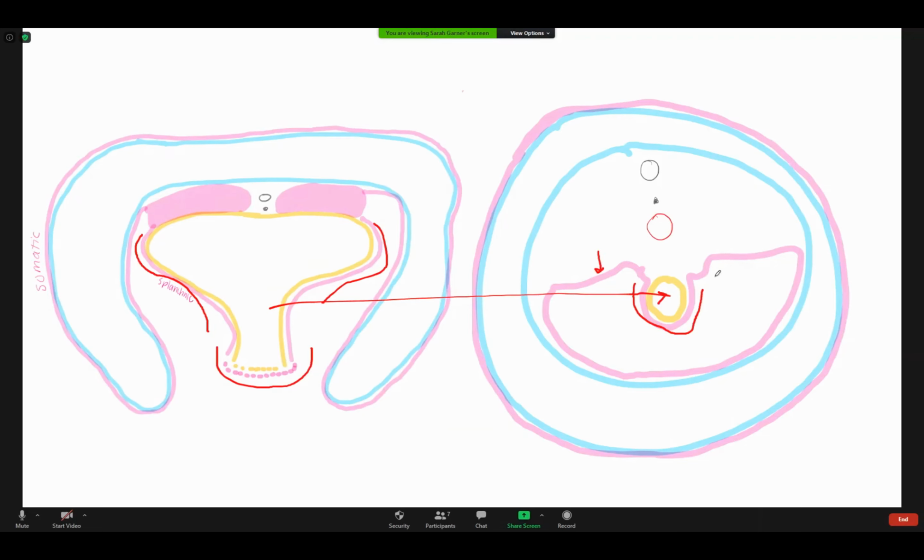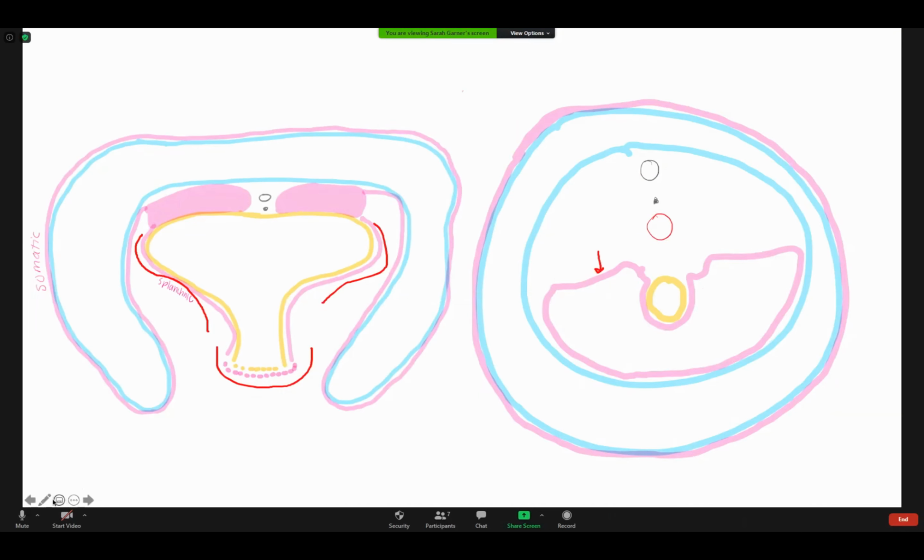So I'm drawing all over this, but this entire thing in here, inside the pink, would be inside that peritoneal cavity, okay? And then back here, this would be retroperitoneal. Remember that the blue was ectoderm, so let me erase this.